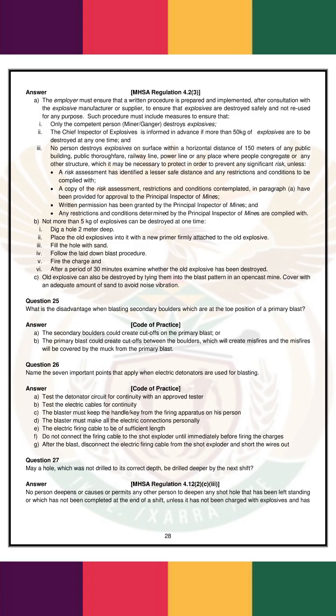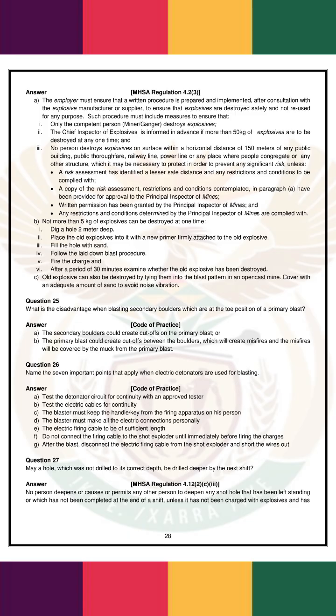And 3. No person destroys explosives on surface within a horizontal distance of 150 meters of any public building, public thoroughfare, railway line, power line, or any place where people congregate, or any other structure which it may be necessary to protect in order to prevent any significant risk, unless a risk assessment has identified a lesser safe distance and any restrictions and conditions to be complied with.